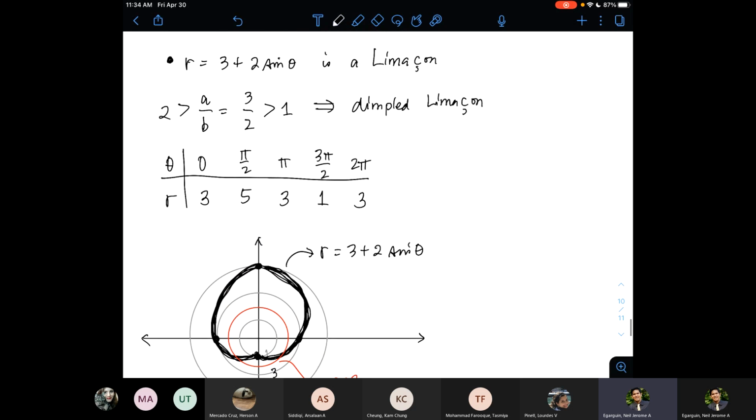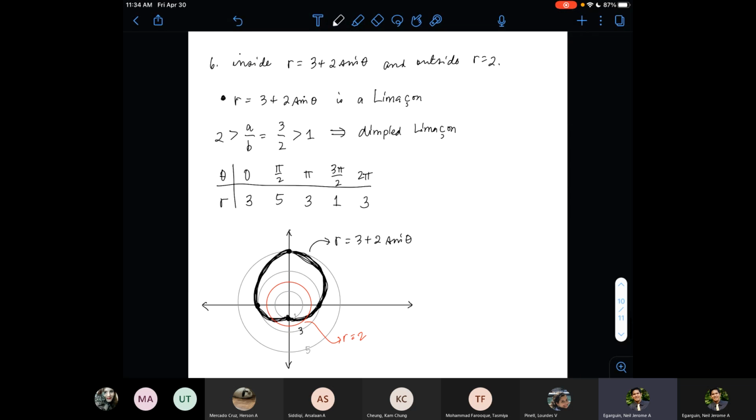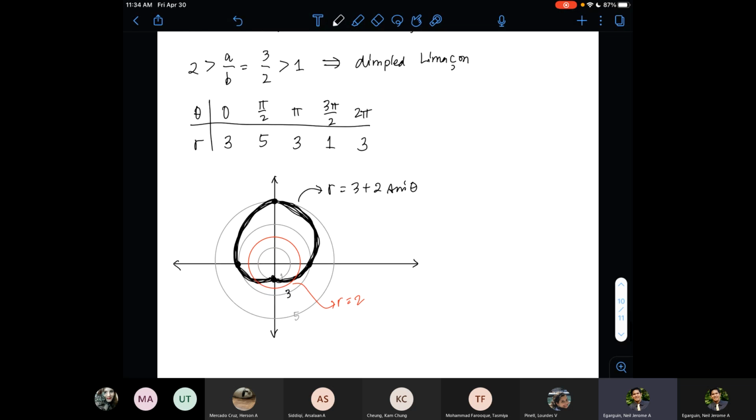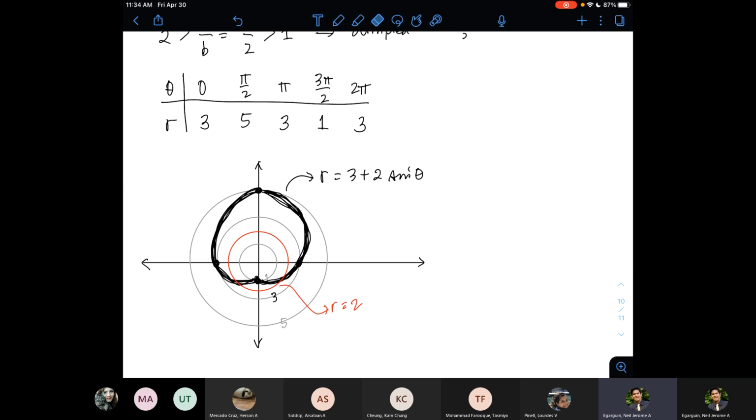All right? And we want to find the area of the region inside the limaçon but outside the circle. So maybe I could erase the guide circles there. So we want inside the limaçon but outside the circle. So the shaded region would be this.